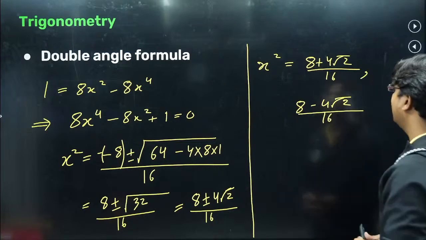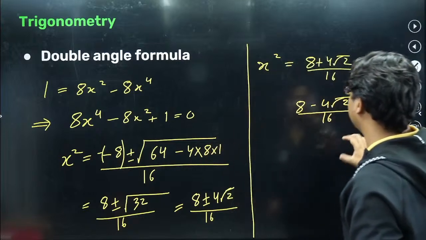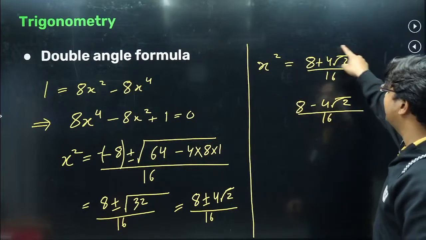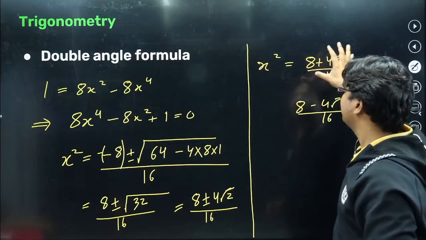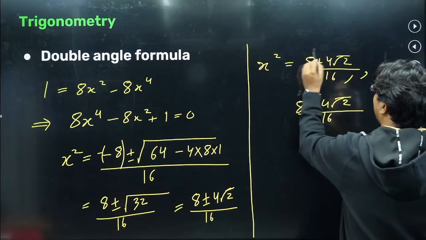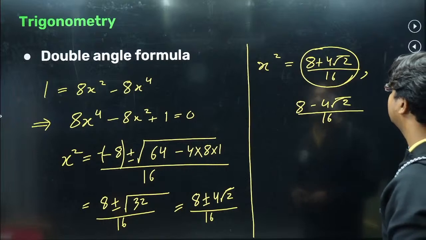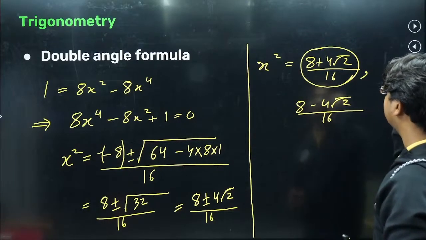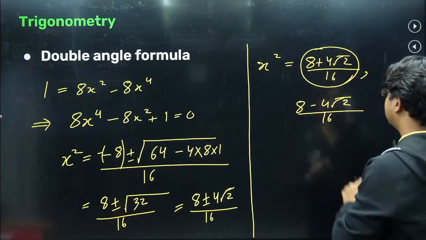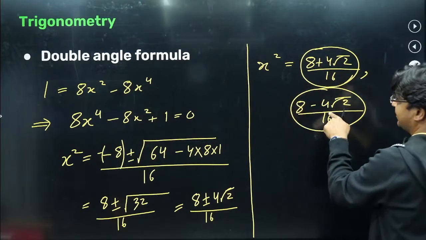Now if you notice, both of them are positive values, but this number is more than half. This is the larger number, this is the smaller number. So we will ignore this part and we will take this part.